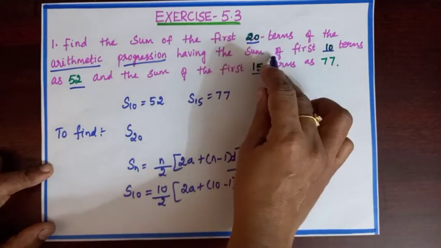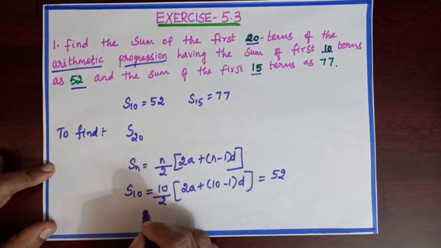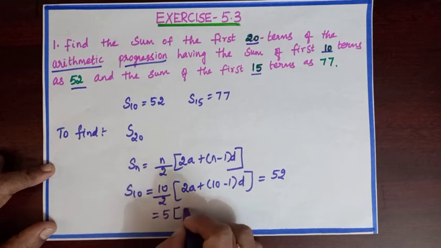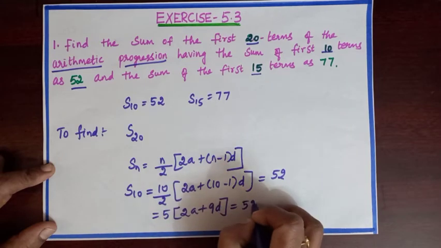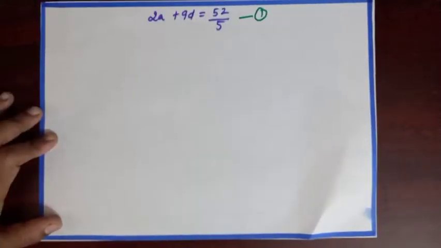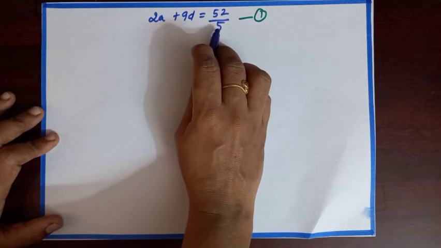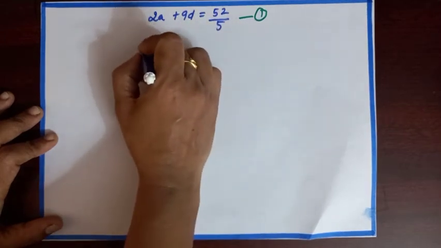Already in the question they have given the sum of the first 10 terms is 52. Then we get 10 divided by 2 is 5, into 2a plus 10 minus 1 is 9d, which is equal to 52. So 2a plus 9d is equal to 52 by 5. Consider this as equation 1.